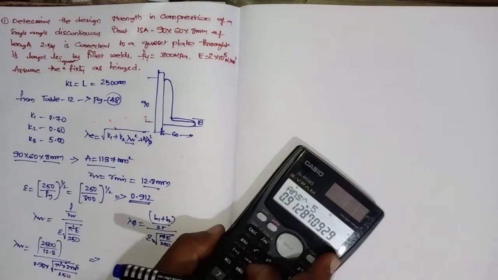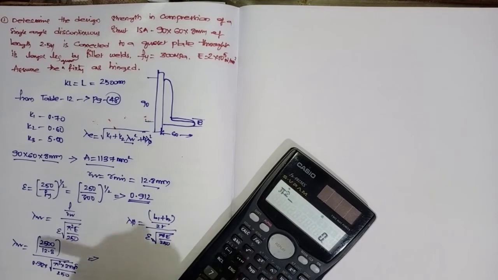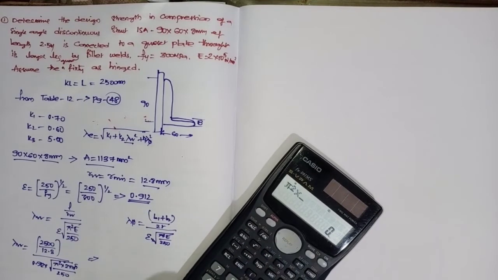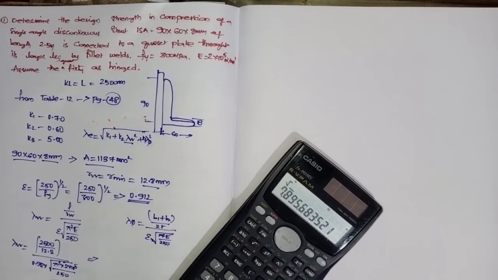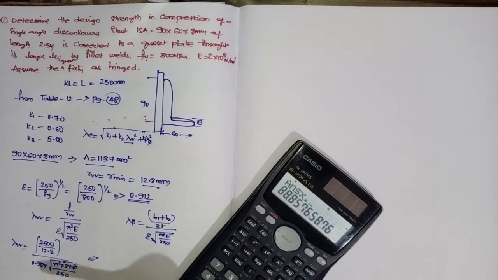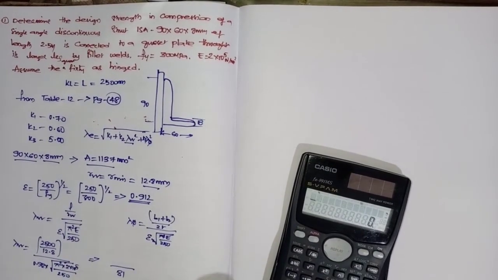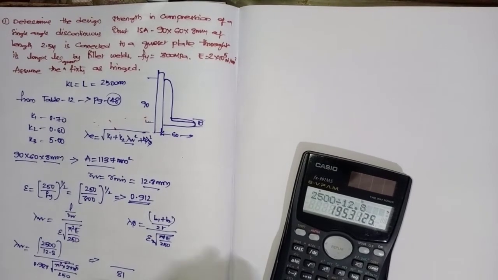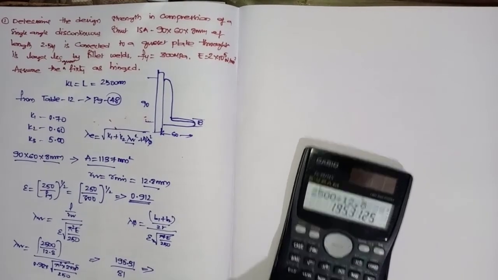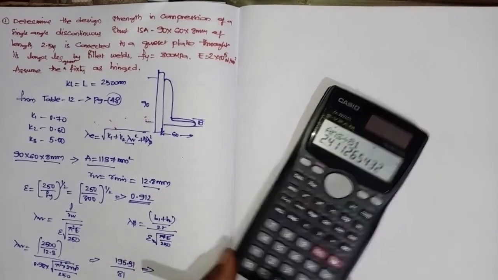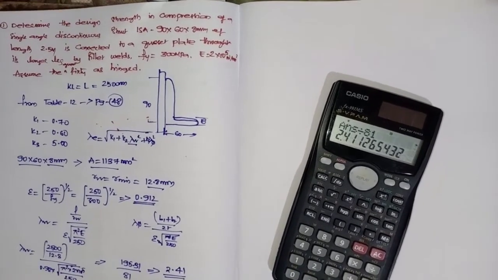If I solve this one, pi square into 2 into 10 power 5 divided by 250, the denominator is 81. 2500 divided by 12.8, the numerator, is 195.31. Divided by 81, that gives 2.41. This is lambda VV square.